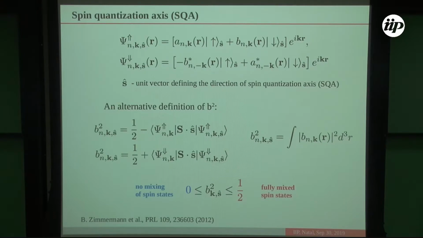The minus comes when there is a positive spin expectation value. If there is a spin down expectation value, it has to be plus. So you immediately see that this spin mixing parameter varies from 0 when we have no spin mixing, as without spin orbit coupling, to 1/2 when we have fully mixed states.